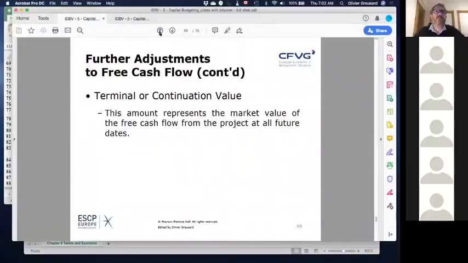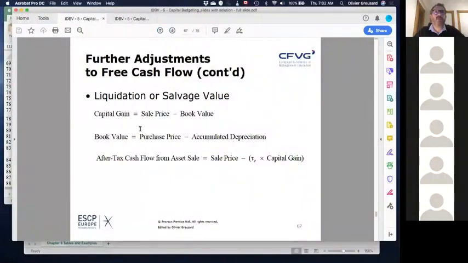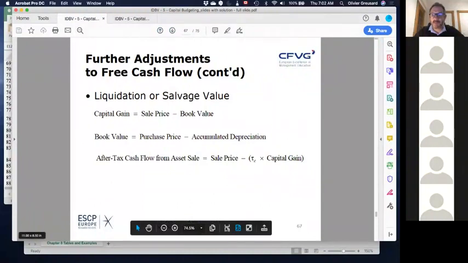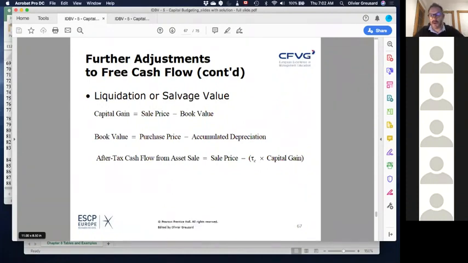So actually, we're coming back to what we were doing. Firstly, we were talking about the fact that instead of keeping the machine until year 5, we were selling the machine at year 5.